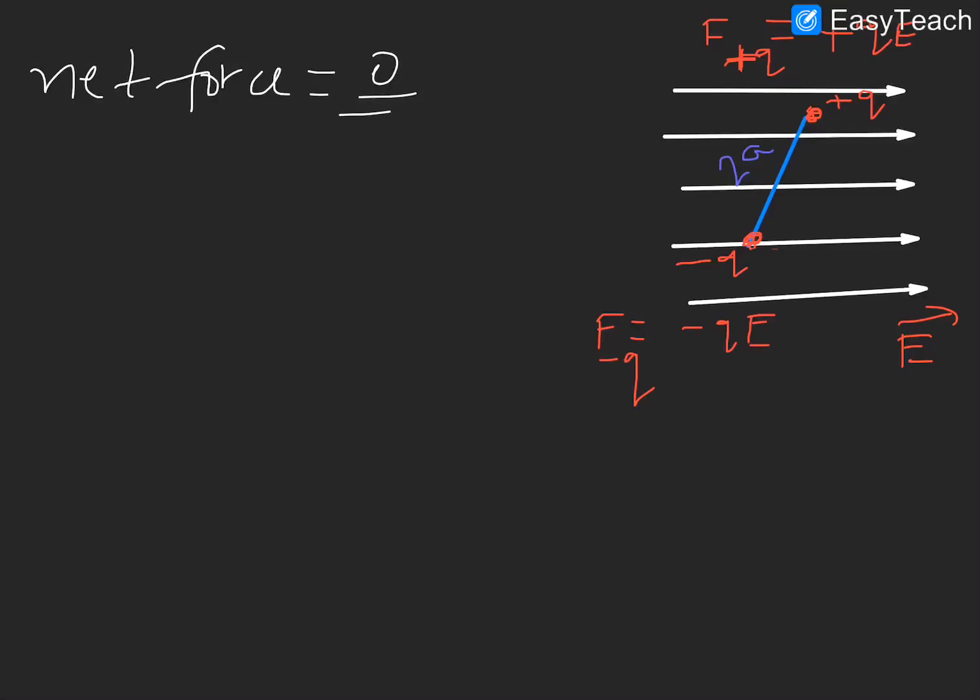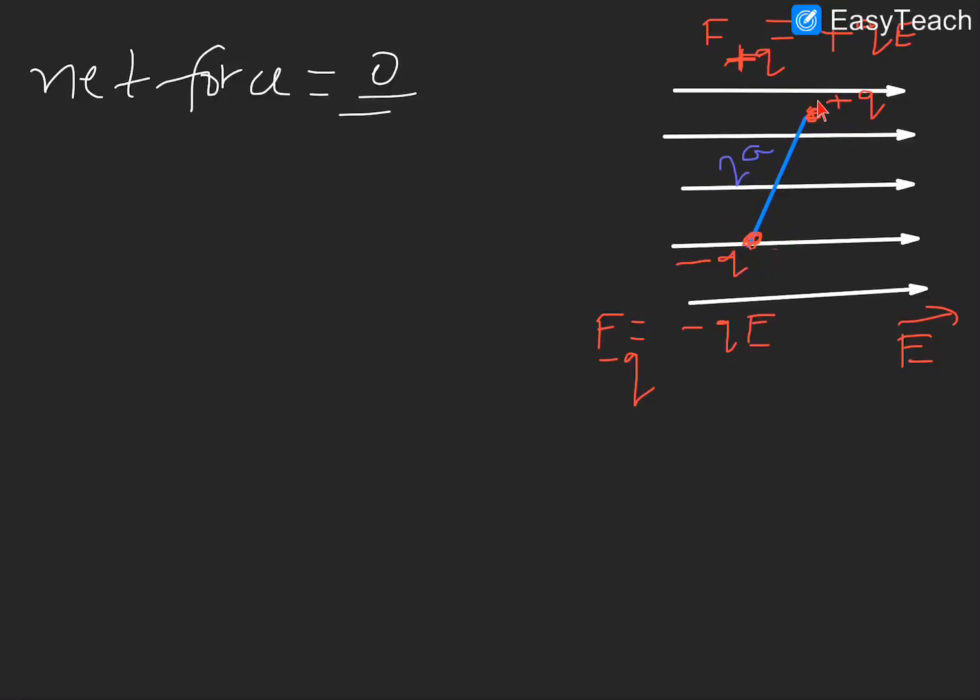What is the reason? You can see here, plus QE is acting at this point, minus QE is acting at this point. Equal forces are acting, but they are acting at different points. When forces are acting at different points, torque will not be 0.